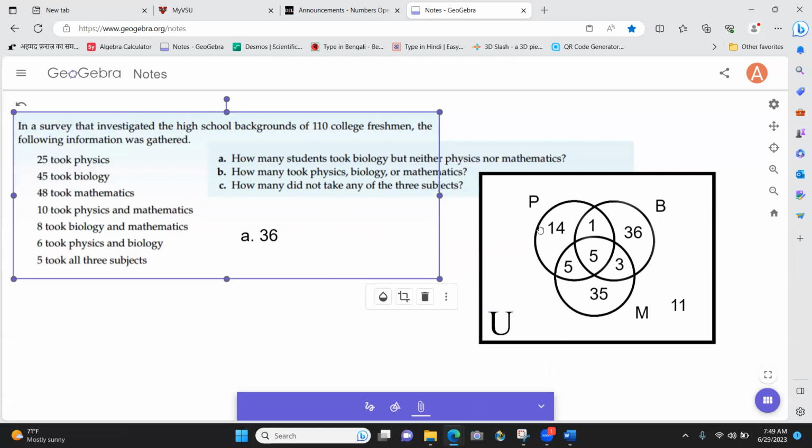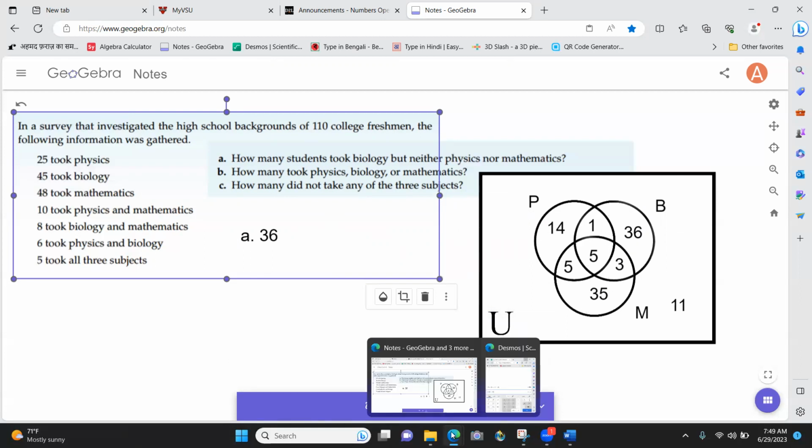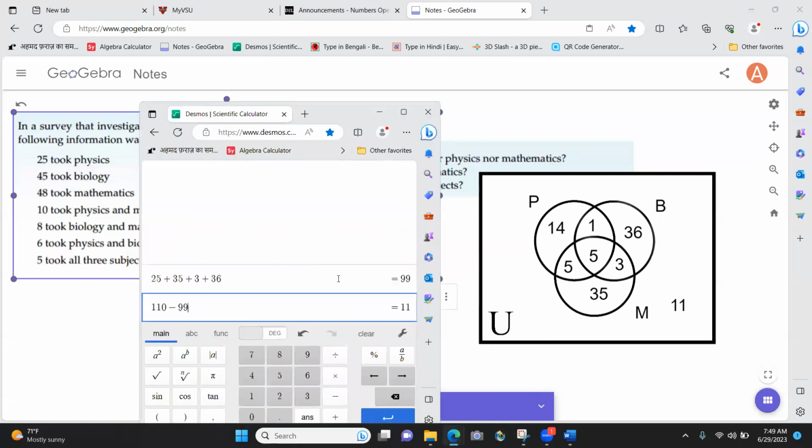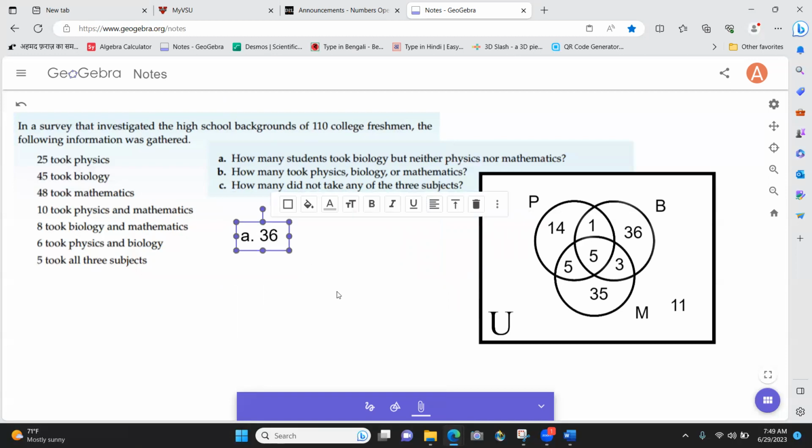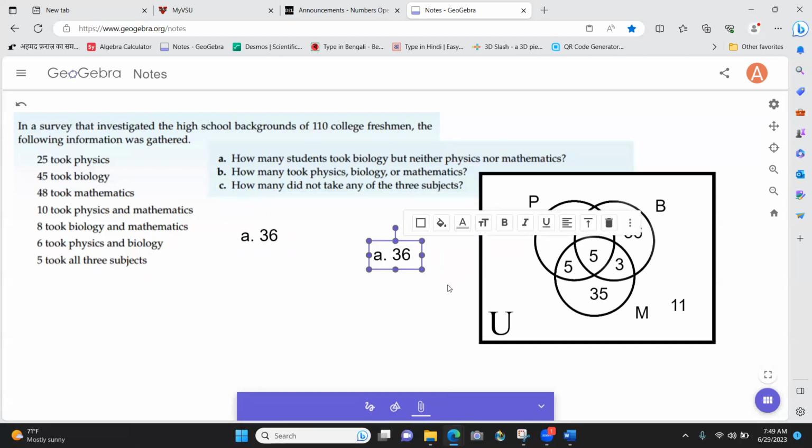And 2 seconds ago, we tested that when you add all the numbers inside the 3 circles, you should get 99. So 99 took either biology or physics or mathematics. So I'm going to put 99 right around here. And how many did not take any of the 3 subjects? That's clearly 11.